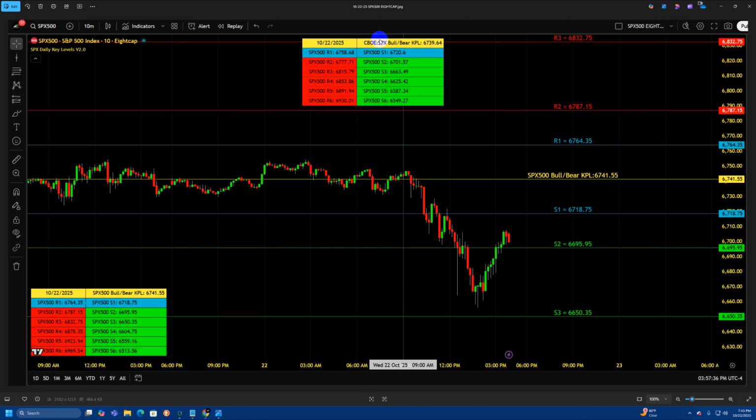The way that TradingView Pine Script works is that even if your indicator knows what the levels are, if the particular symbol you have your chart on is closed, which SPX CBOE is not open until 9:30, it cannot plot them on the chart. So this method of having a second chart open, if you want to see the levels 30 minutes early, you can see them 30 minutes early at 9 a.m. through having it on this particular chart.